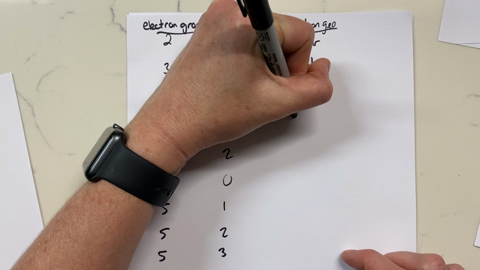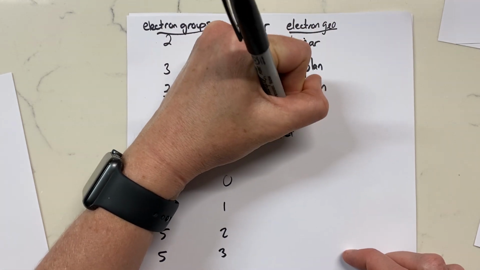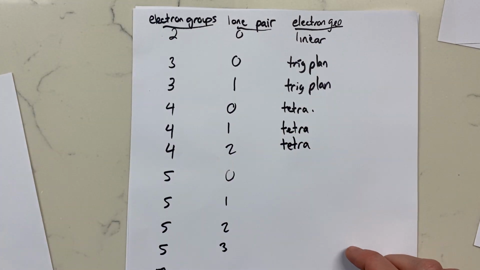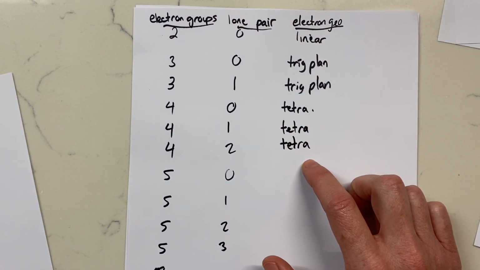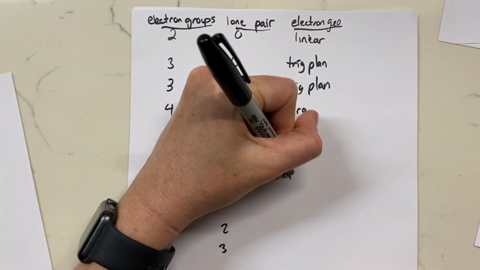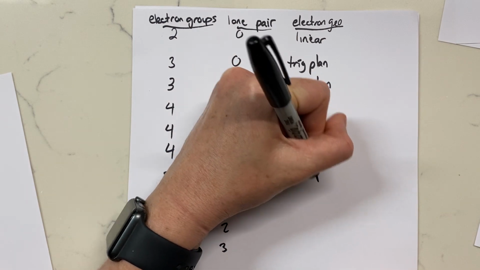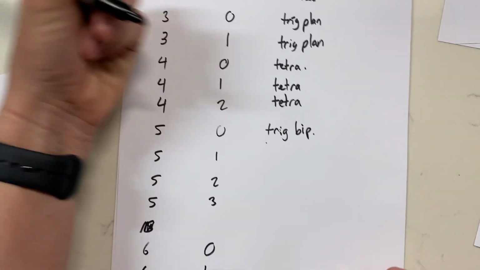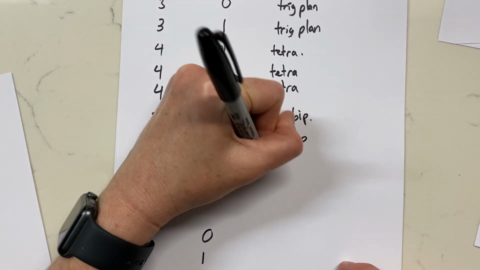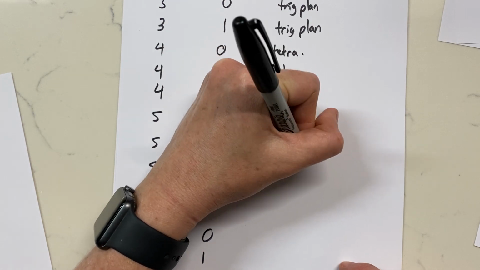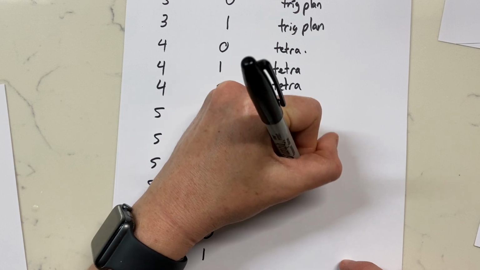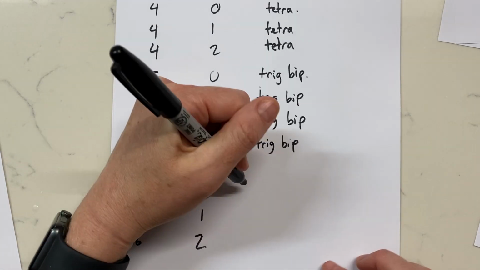So anytime something has 4 electron groups, it's going to be tetrahedral. Think of it like Tetris. There's 4 shapes in Tetris. All right, for 5 things, it's always going to be trigonal bipyramidal. And then for the 6 shapes, it's always going to be octahedral.